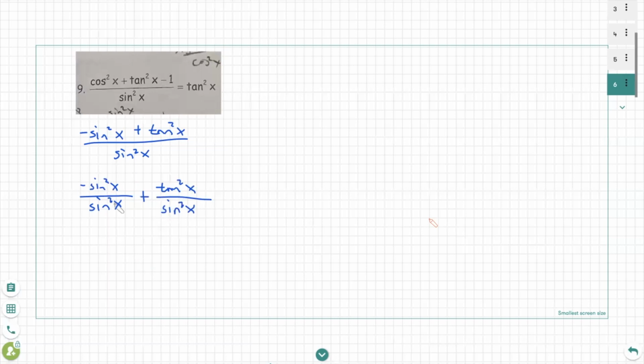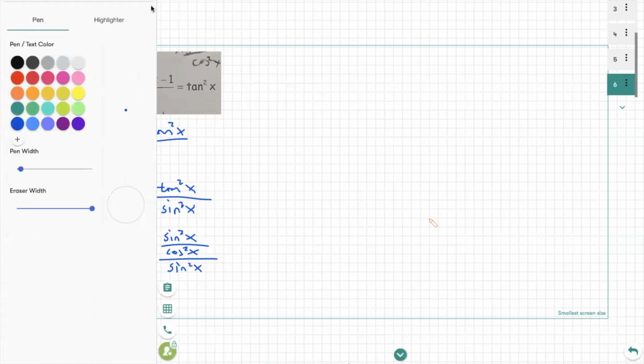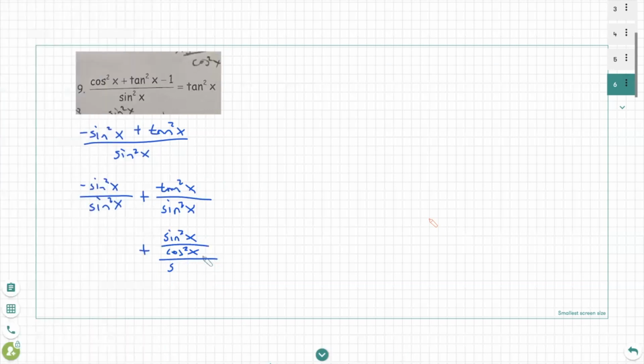Well, I guess tan squared x is sine squared x over cosine squared x. So those would cancel out to 1 over cosine squared x. Yeah, exactly. I think a clear way to write it is sine squared x over cosine squared x times 1 over sine squared x, right?